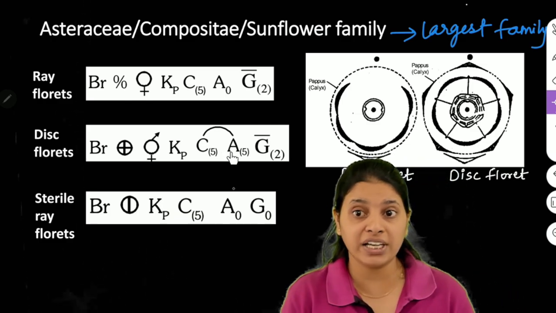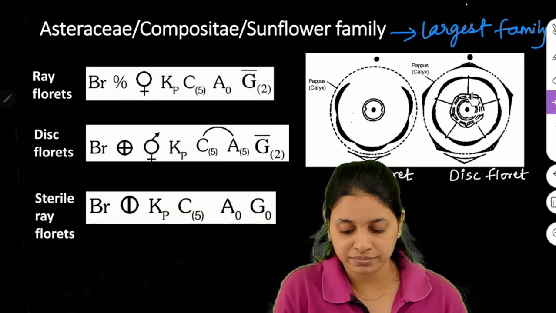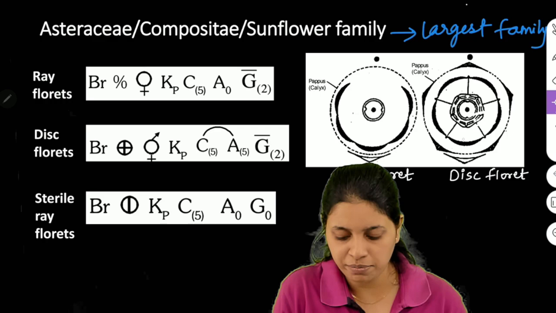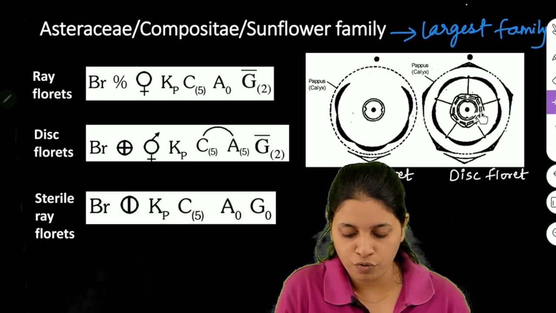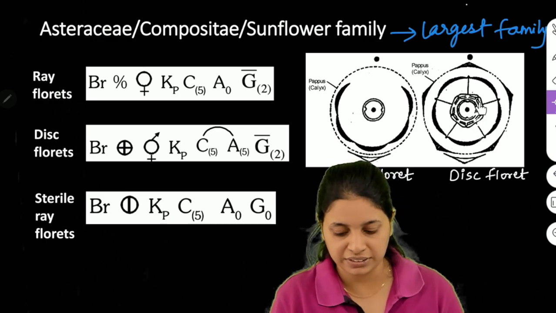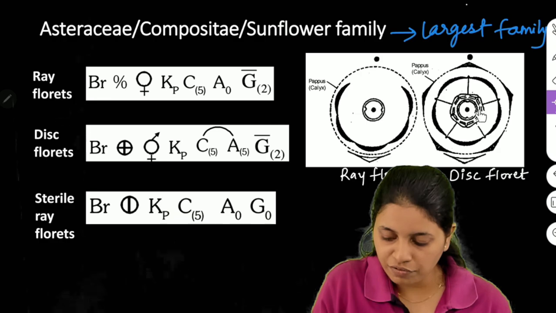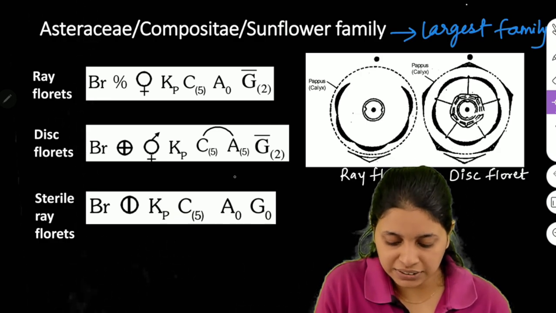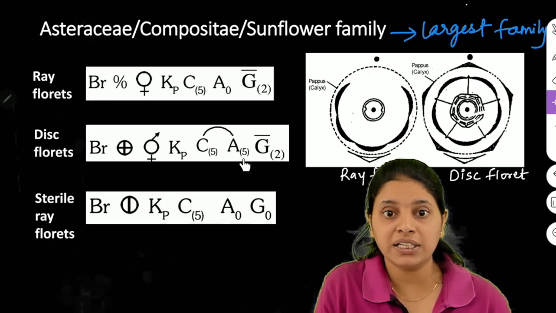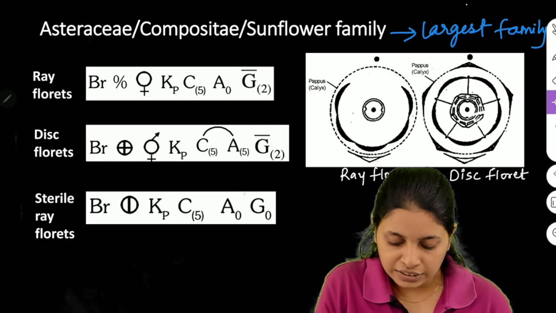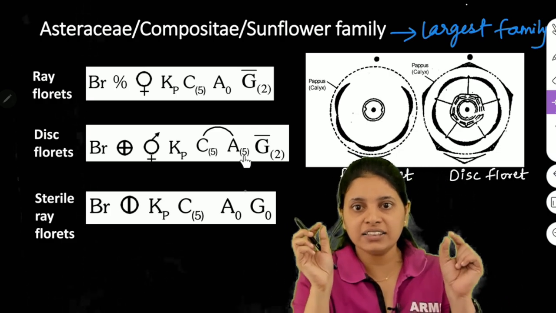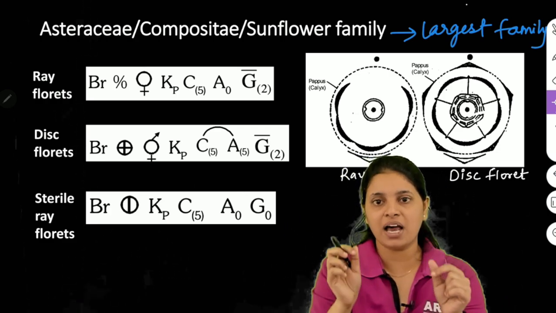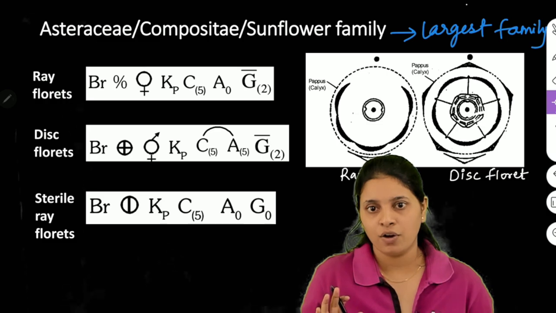Androecium. Now, in the case of disc florets, we do have androecium. As you can see, 1, 2, 3, 4, 5. We have 5 stamens, right? These stamens are fused within themselves. But there is a speciality over here. The fusion is such that anthers are united but filaments are free. Okay.